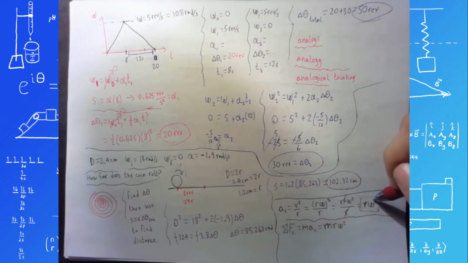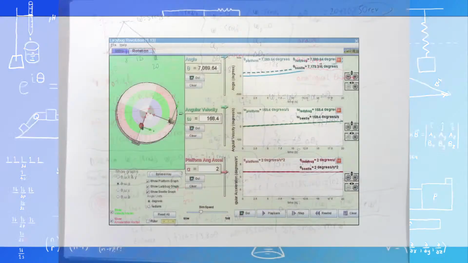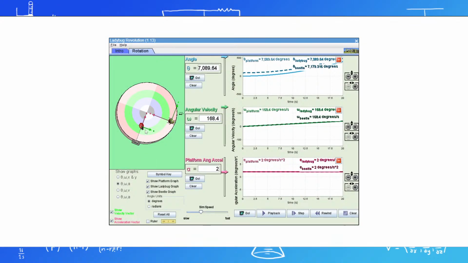This is basically reinforcing what we saw with the ladybug and beetle situation earlier today. The one that's further out needs the greater centripetal acceleration for the same angular speed, right? I froze these guys at some moment in time. Notice the centripetal acceleration on the beetle is much larger than it is on the ladybug. That's because the v tangential on the beetle has to be larger in order for it to have the same omega as the ladybug.